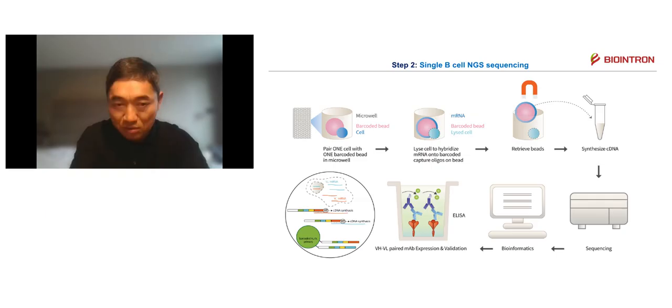So if the heavy chain cDNA and light chain cDNA have the same barcode sequence, we would say, okay, this heavy chain and light chain are from one single B cell, so they are naturally paired. If not, we will just dismiss it.